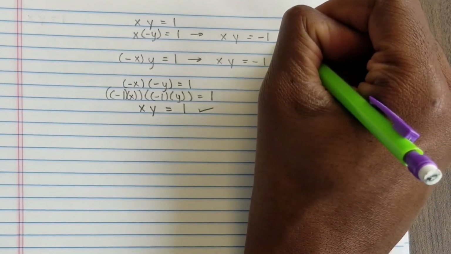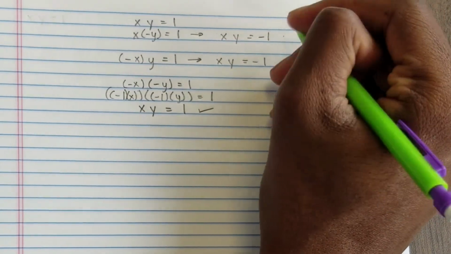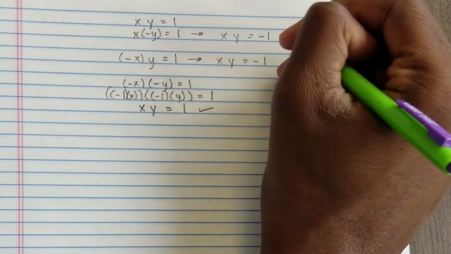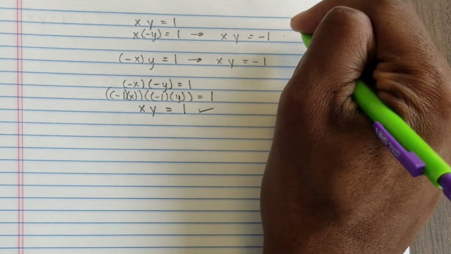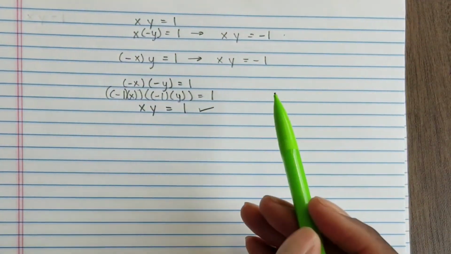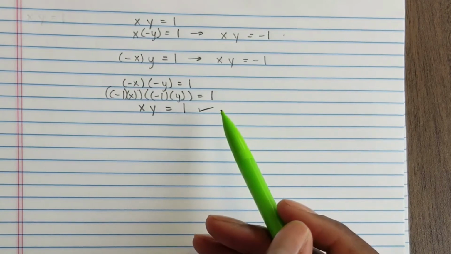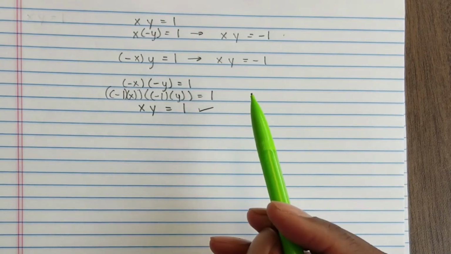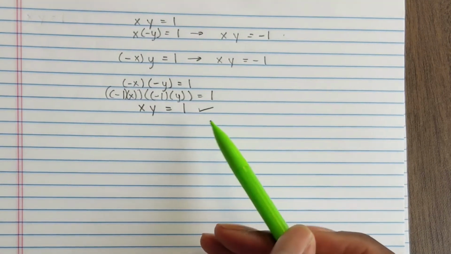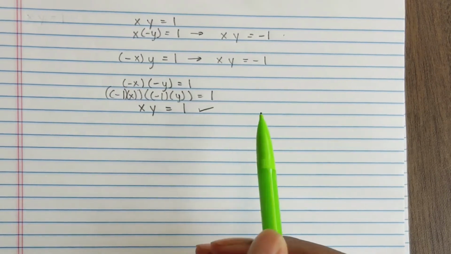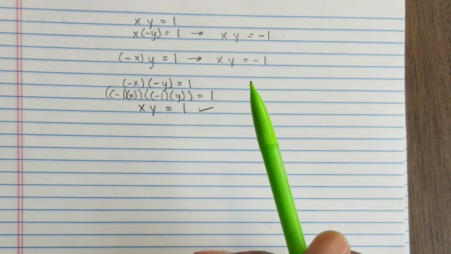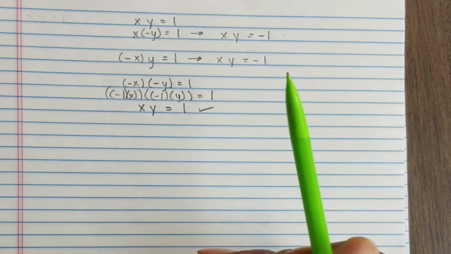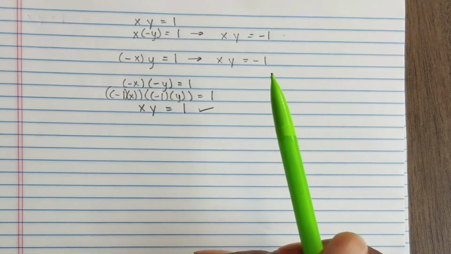So these are some pretty good tests, and you can try this with any equation to see if there's any symmetry. This will definitely help you if you ever can't actually see the graph, but you want to know if there is any symmetry. This is a good test to be able to prove that. And you can make some pretty good arguments if you have to deal with symmetry, that since it's symmetric, it's going to be a mirror image on the other side.